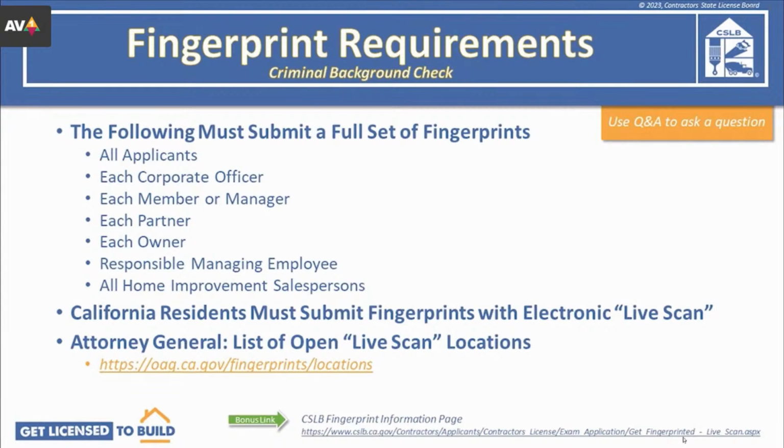If you are in California, you must submit fingerprints electronically with what's called live scan. You can get an updated list of live scan locations in California, broken down by county, on the Attorney General's website. We have a link here, or you can simply go to the Attorney General's website and search for live scan. You will also see we have a bonus link at the bottom of the screen to the fingerprint information page on our CSLB website.